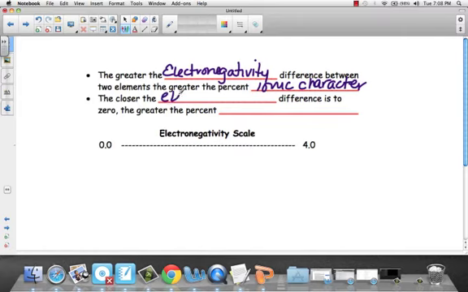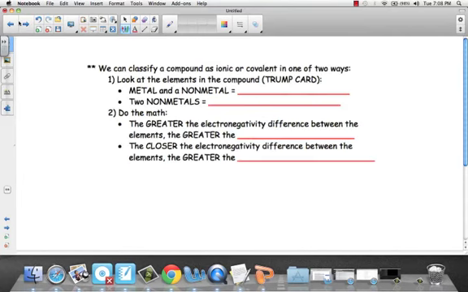The closer the electronegativity difference, the greater the percent covalent character. Electronegativity scale goes from 0 to 4.